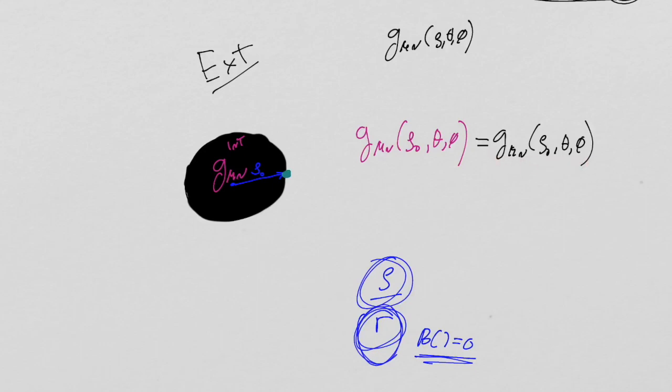But ultimately, I can make rho as small as I want. In other words, I can make the exterior as big as I want by making rho as small as I want. And I can always delay establishing that boundary condition, right? And ultimately, that's what we do.